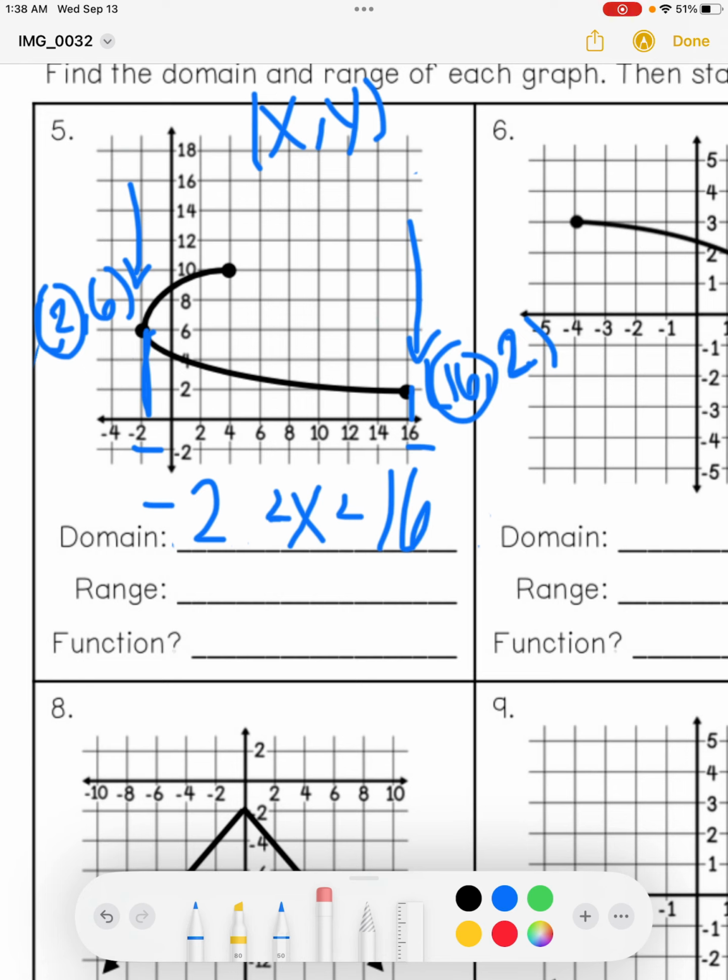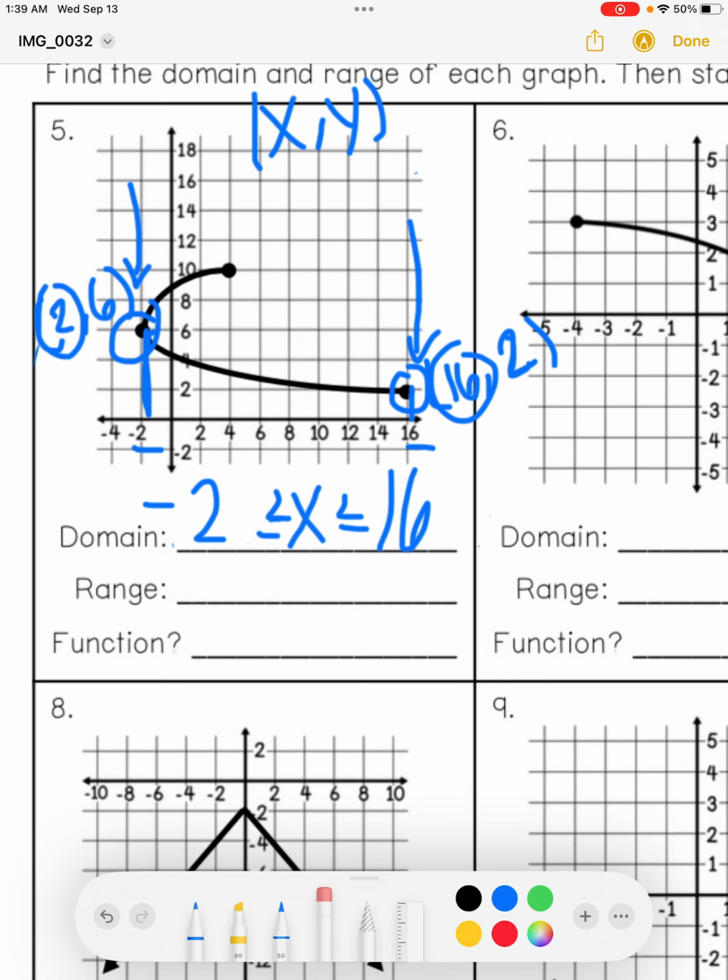If I go to the left, that coordinate point is shaded in. And if the coordinate point is shaded in, we said that we need to add the equals to from last lesson. If I look at my coordinate point on the right, it is also shaded in, so that one also needs an equals to. And there we go. Our domain is finished, just like last time.